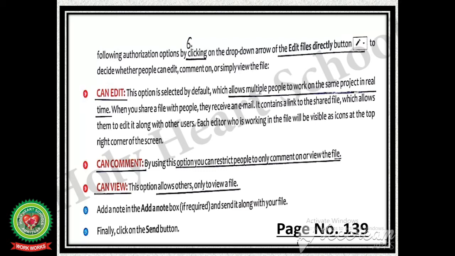First one is can edit. It means multiple people can do any type of changes in your file or folder. Second is can comment. It means you can restrict people to only comment on or view the file.